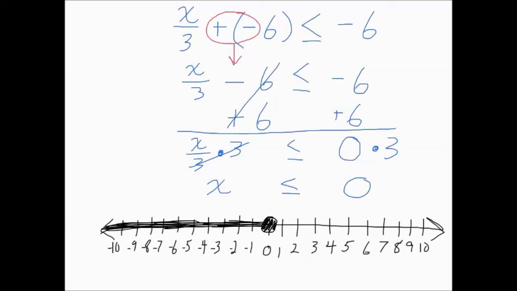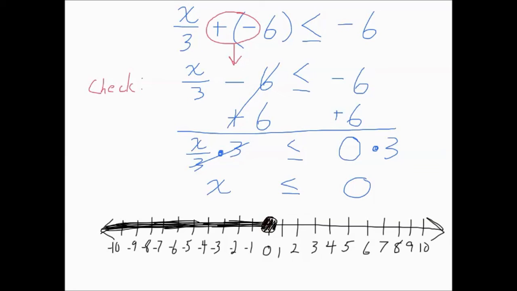Again, we can check to make sure that these numbers are the solutions to this original inequality. So what's your favorite number here? In this case, we can even pick the number that we circled, because we have this telling us that x might be equal to 0.